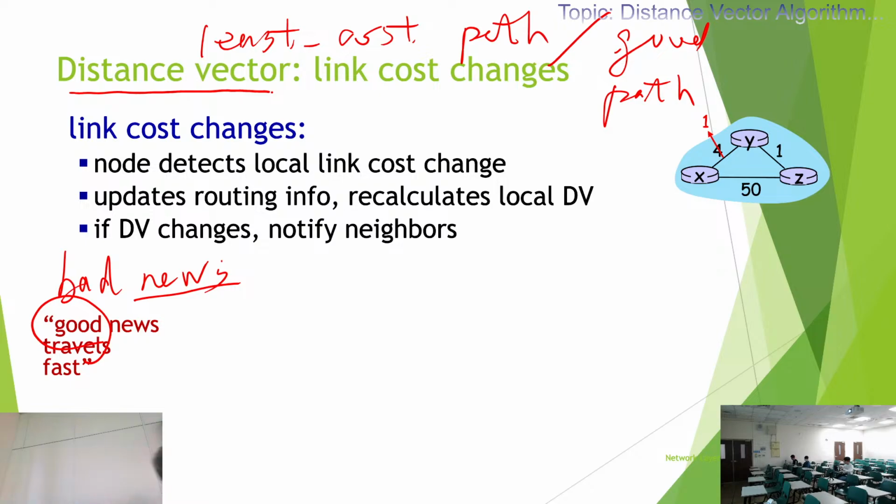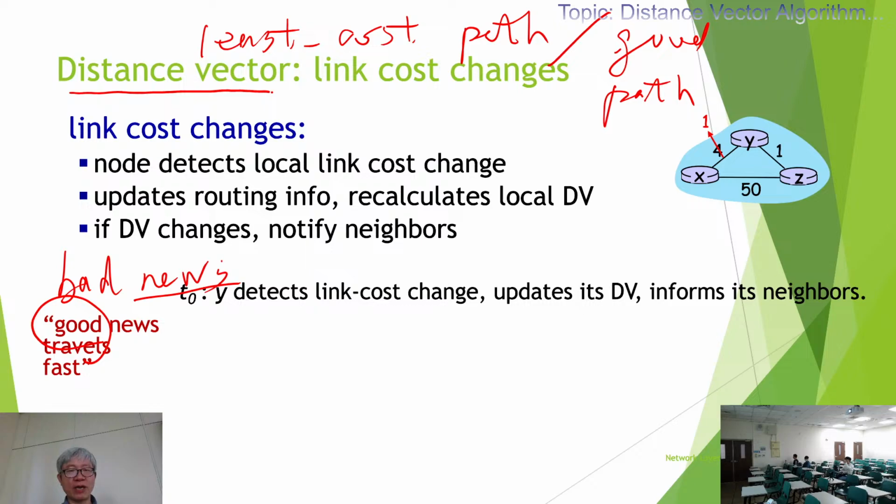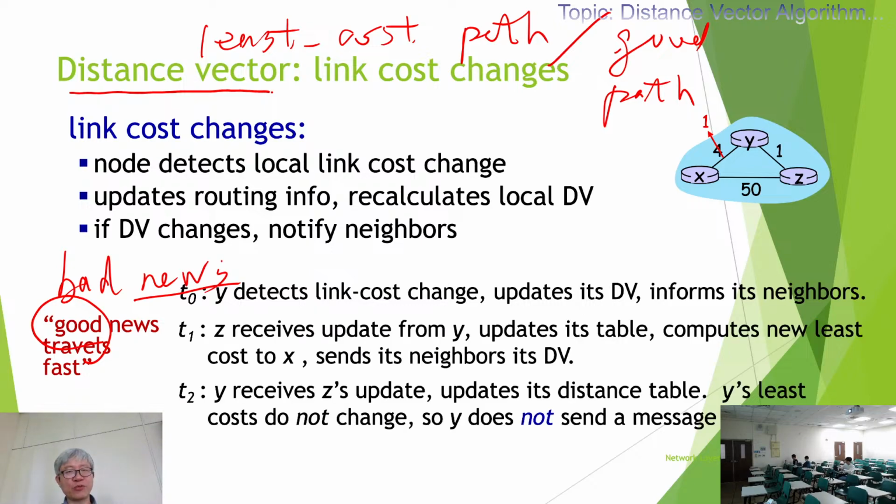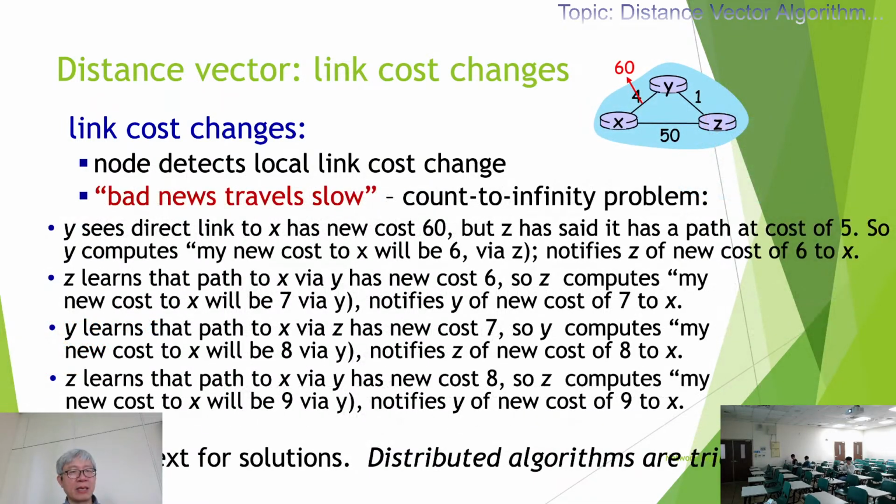Because of the Bellman-Ford equation, good news travels fast. Good news travels fast because the Bellman-Ford equation chooses the least path cost. However, I want to emphasize this one. The previous link cost is 4.